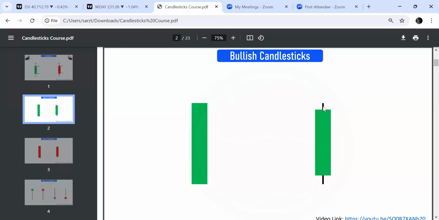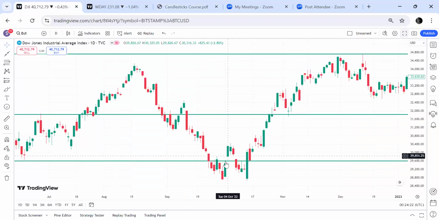It is no problem. So here you can see on 3rd October 2022, when there is a trend of bearishness, a Marubozu candle had been formed, as you can see here.